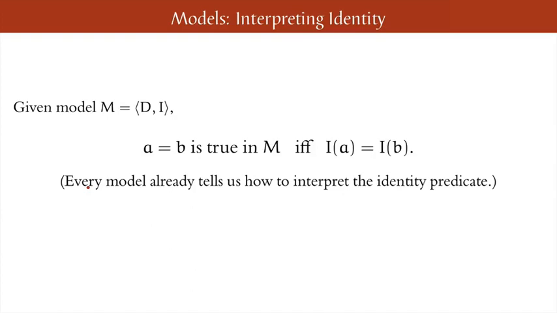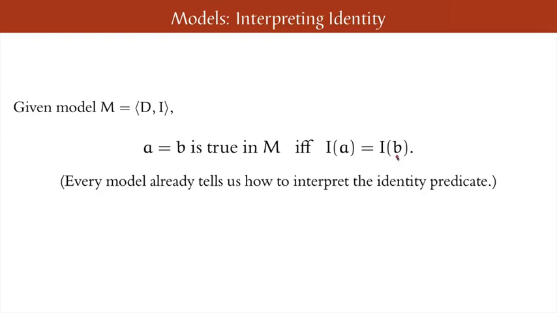The atomic formula A is identical to B is true in a model M if and only if the object interpreting name A is identical to the object interpreting name B. They are the same object.